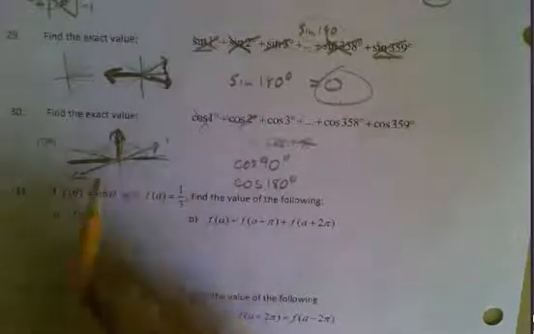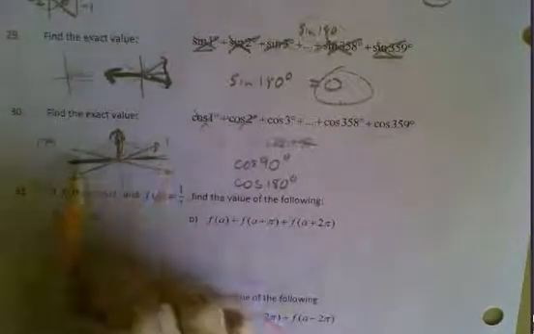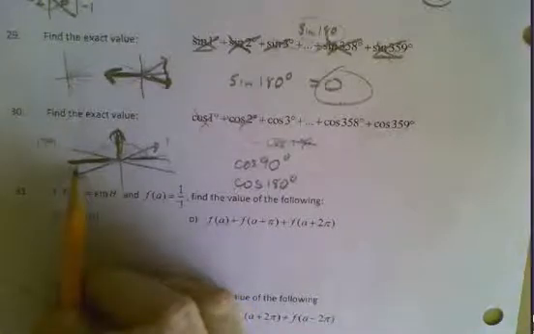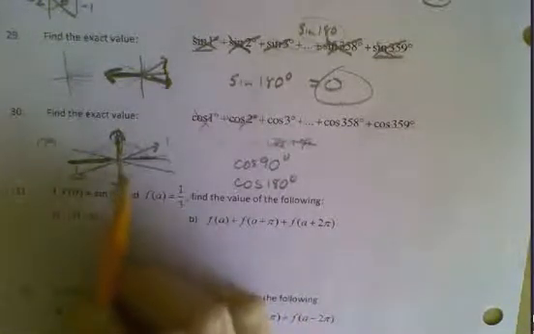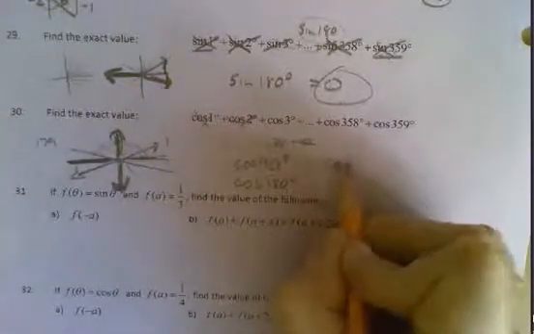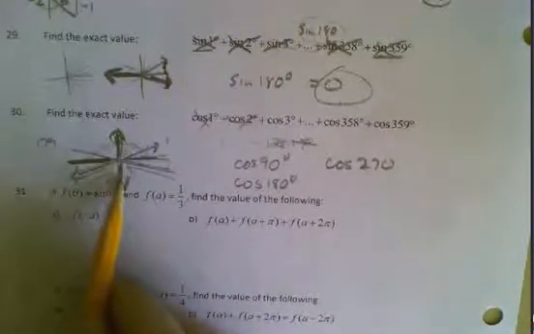Do the same thing down this quadrant. 181 goes with 359. Reference angle of 1, but the cosines are opposite, so they go away. So I know everything from 181 all the way down except for 270 is going to cancel out. Everything over here will cancel with everything here except for that one, which won't have a match.